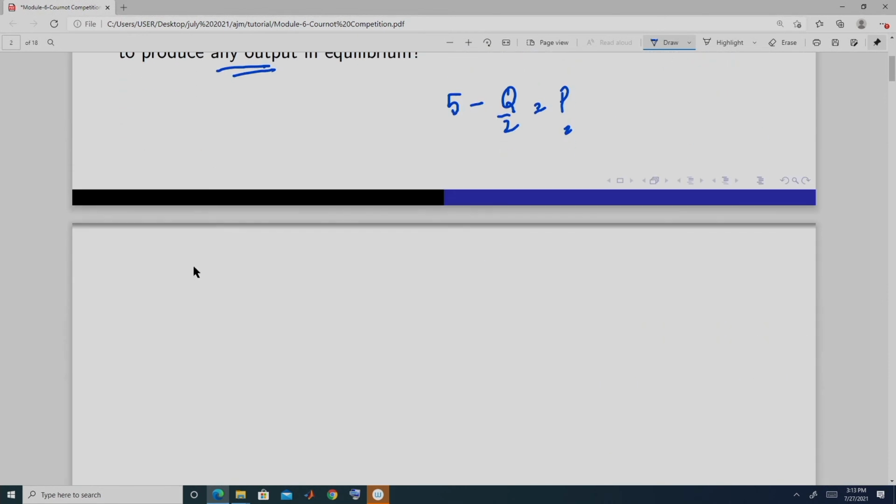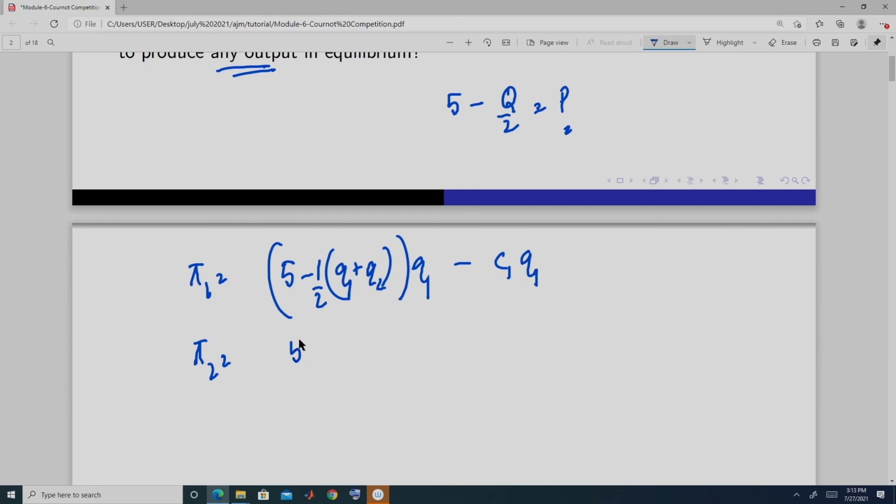The profit function of firm 1 is this, and the profit function of firm 2 is this, where Q1 and Q2 are the outputs of firm 1 and firm 2.